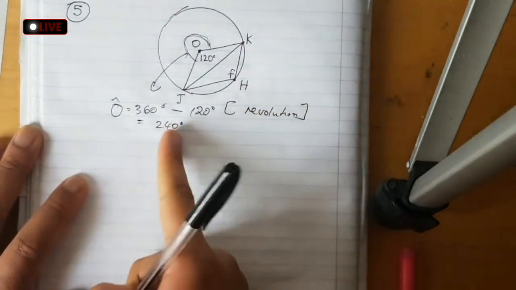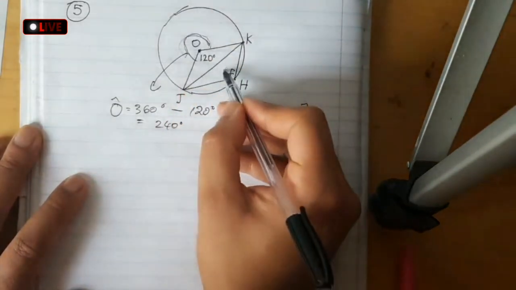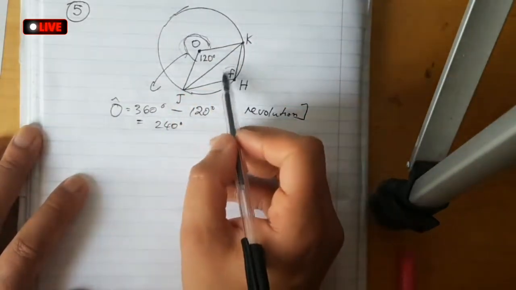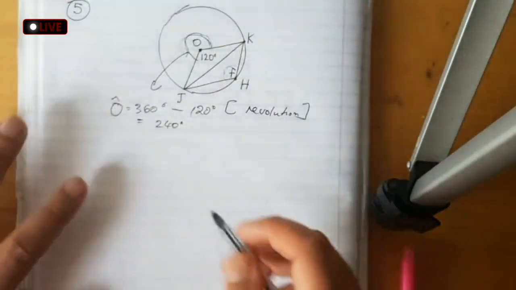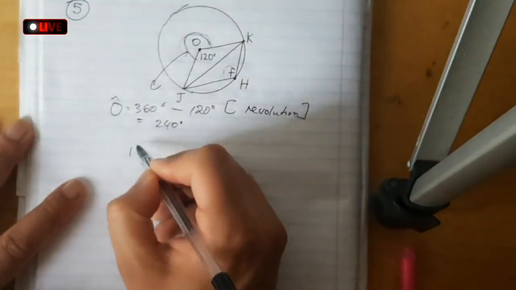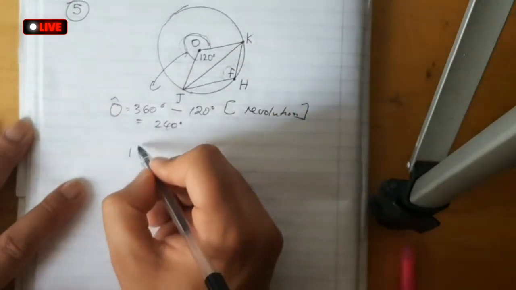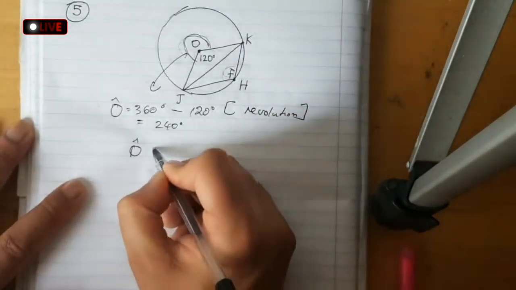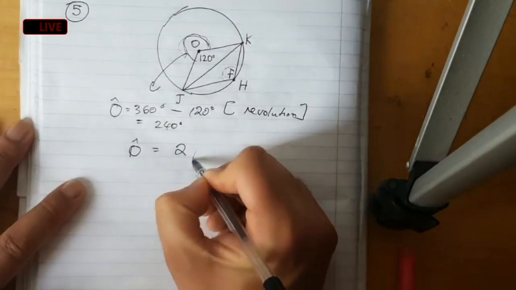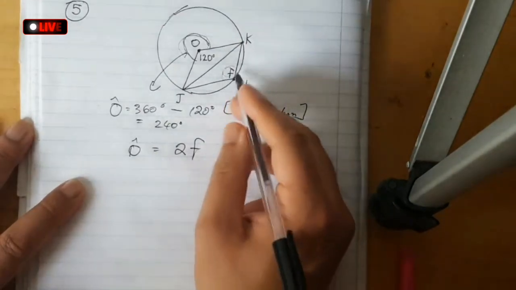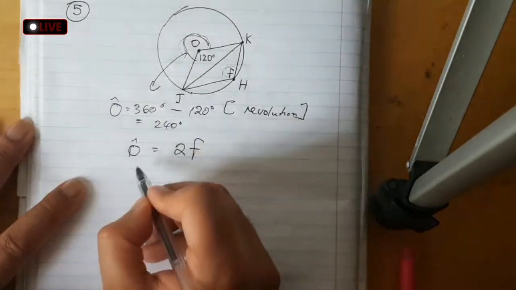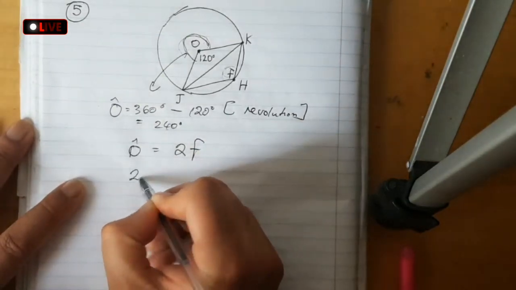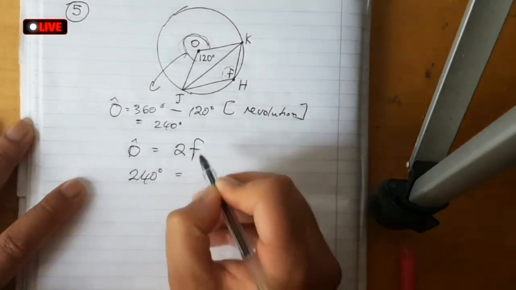But we're not looking for that angle there, we're looking for that one. So how do we get that one? We're going to use this theorem. The theorem says angle at the center, which is that one, so let's call that angle O, is equal to twice the one at the circumference, which is f, that we're actually looking for. The one at the center is 240 degrees.